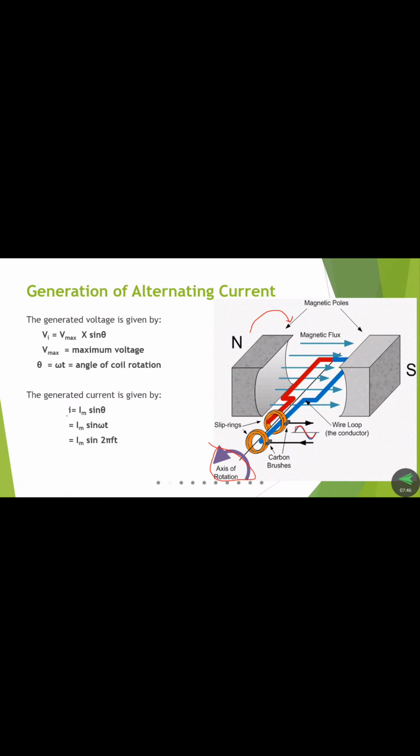Similarly for the current, i is equal to Im sin omega t. Instead of omega t, we can write 2 pi f t, or another alternative formula, i is equal to Im sin 2 pi t by capital T. Another formula we write.